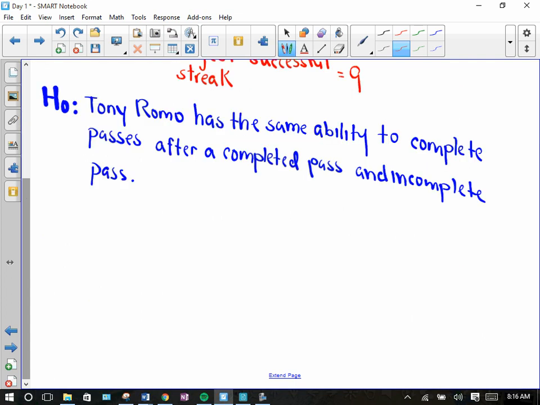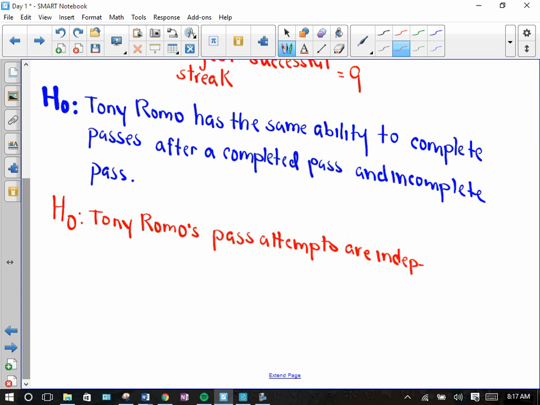We'll just write this in red. Tony Romo's pass attempts are independent.